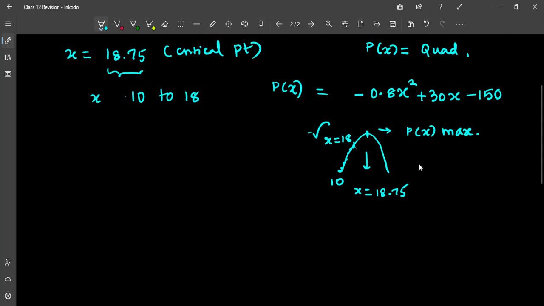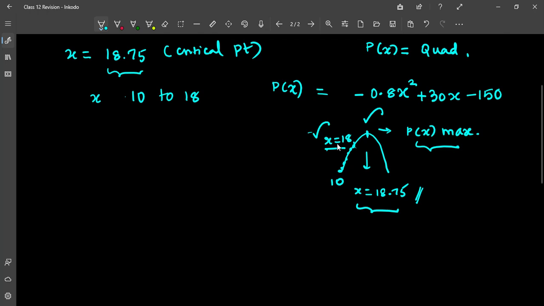And if x was able to be 18.75, then the profit would have been maximized. But this is not practically possible, because x cannot practically be 18.75. So the highest possible practical value of x can only be 18.